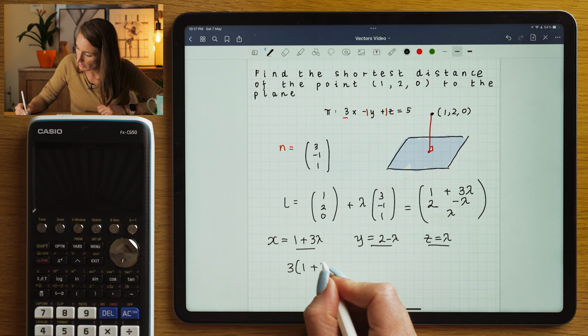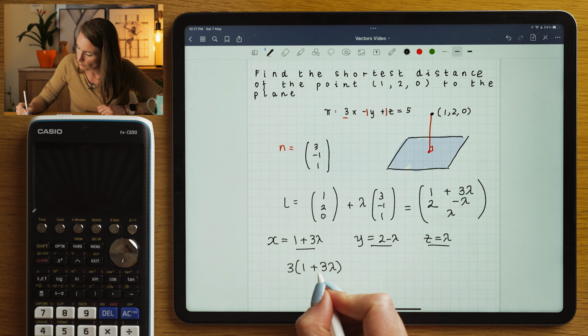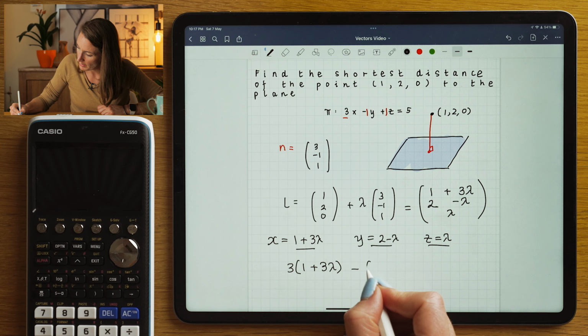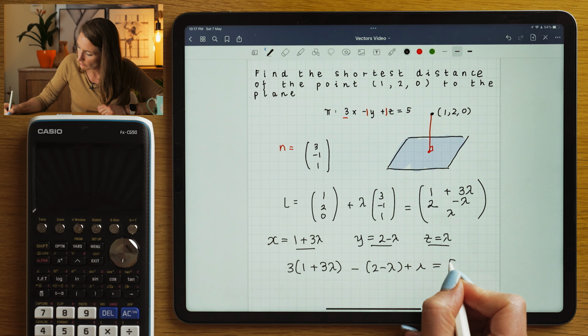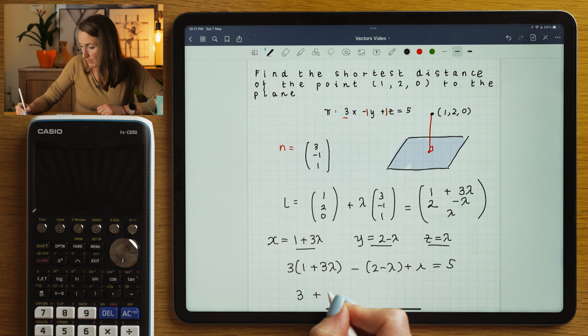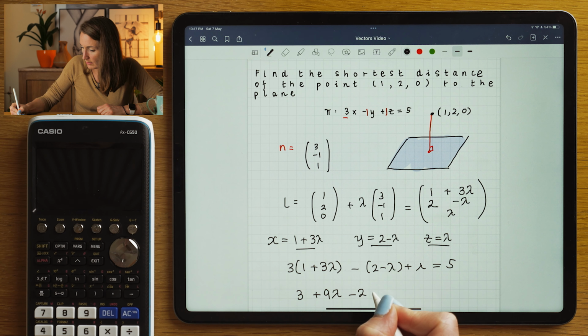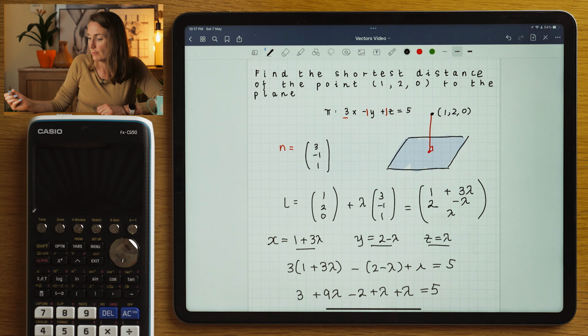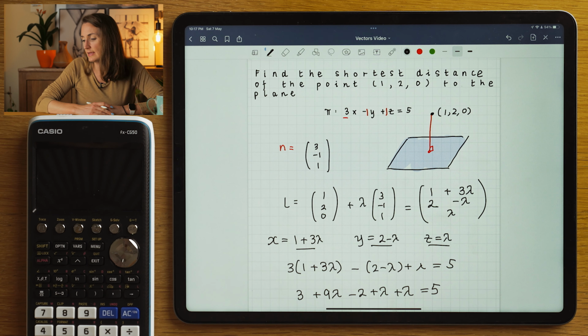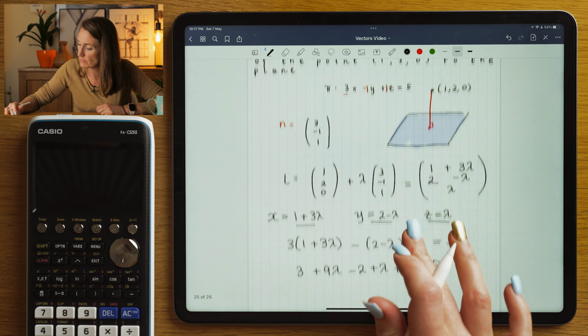So I'm going to have 3, instead of x, I'm going to have 1 plus 3 lambda, minus 2 minus lambda, plus z equals lambda, equals 5. That's 3 plus 9 lambda minus 2 plus lambda plus another lambda equals 5. The reason why this method is really easy is that you end up with one linear equation in terms of lambda.